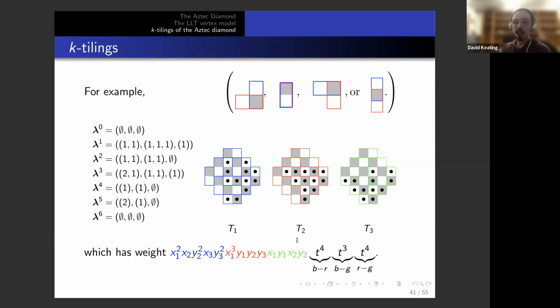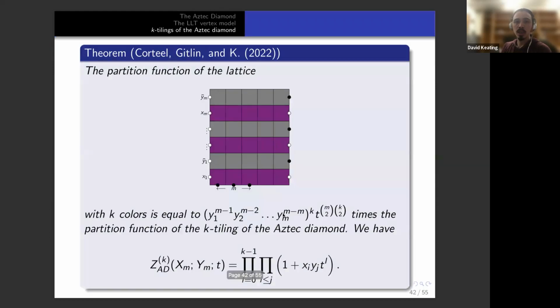And if we count up all the interactions for this configuration, there ends up being 11: 4 between blue and red, 3 between blue and green, and 4 between red and green. So our vertex model gave us some local interaction between domino tilings. And now you can compute the partition function of this in the exact same way as before.